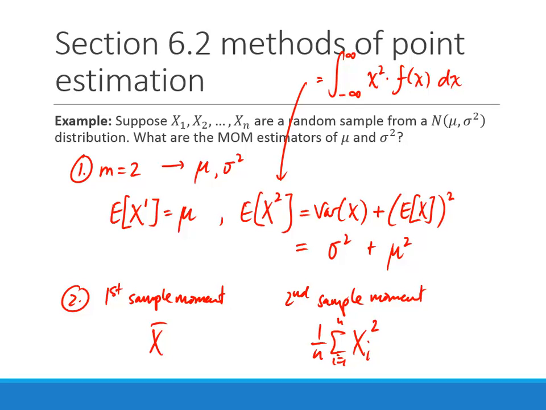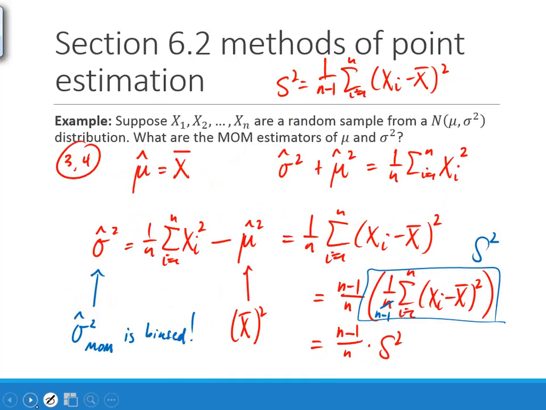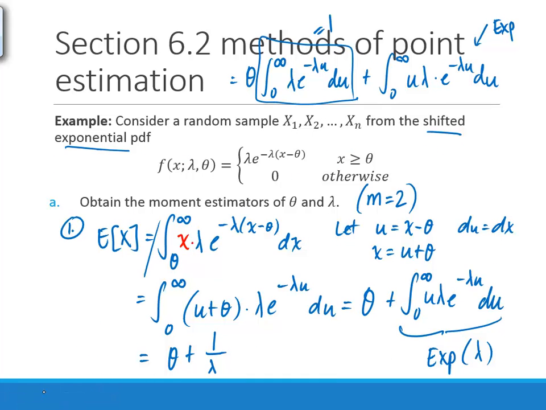In this normal case, it's maybe obvious: I'll just use my sample mean and my sample variance or something close to it. But for this distribution here, it's a little less obvious what a good estimate for theta or lambda is. So we're trying to construct a way of using our constructive methods to figure out what a good estimate for those parameters is.